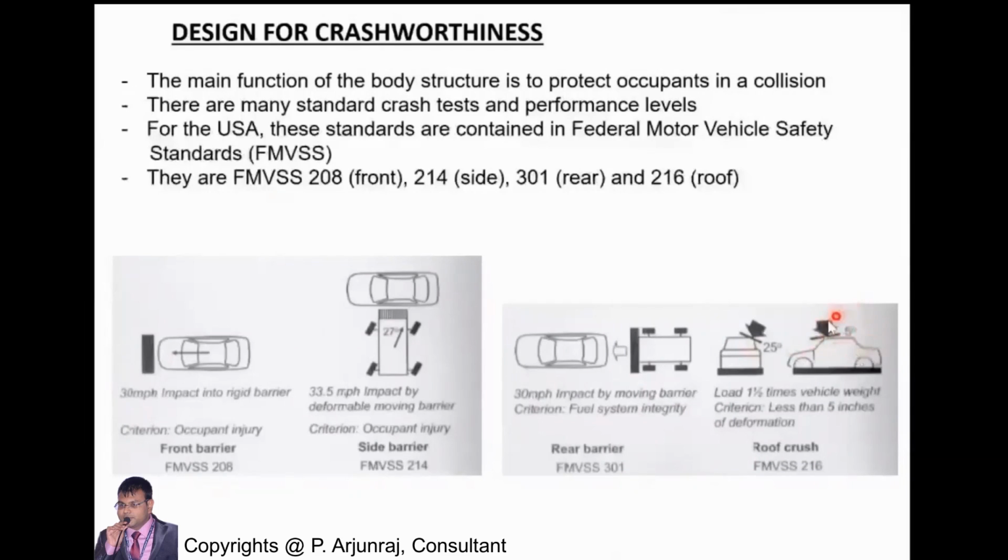You can see here, and this can also act at 25 degrees, at various angles. The criteria is that the load acting on the top of the vehicle should be 1.5 times the overall vehicle weight, not the roof weight alone.